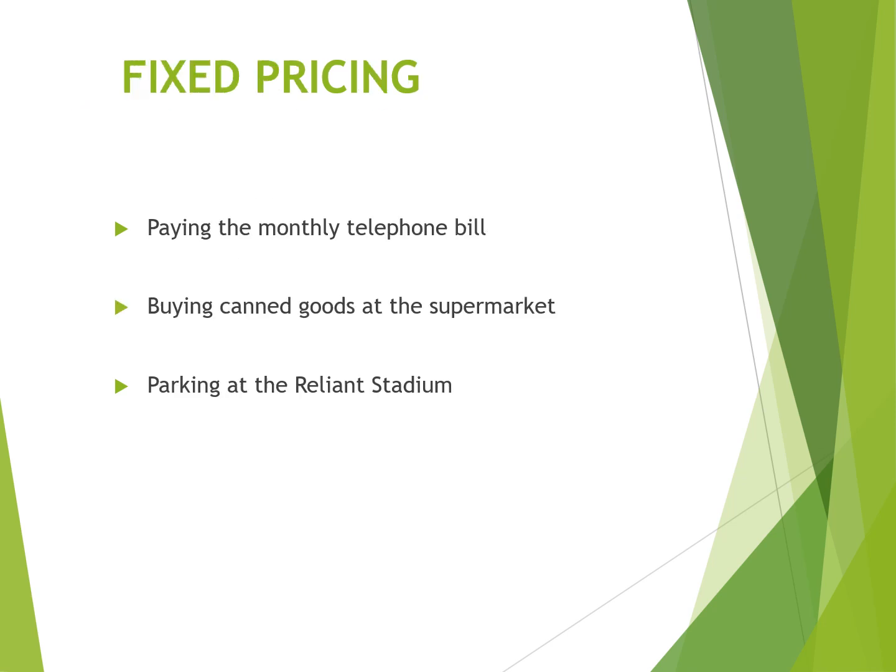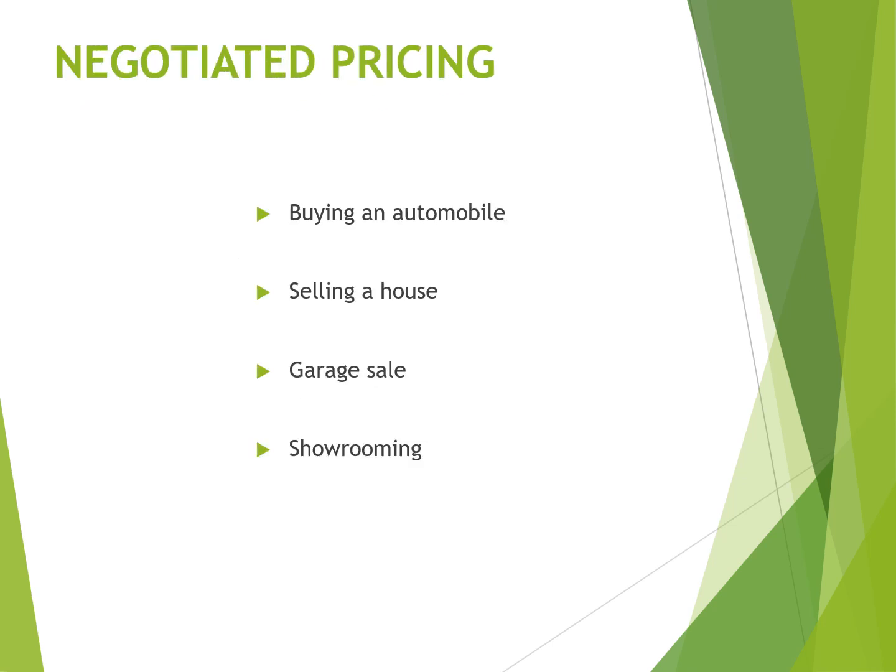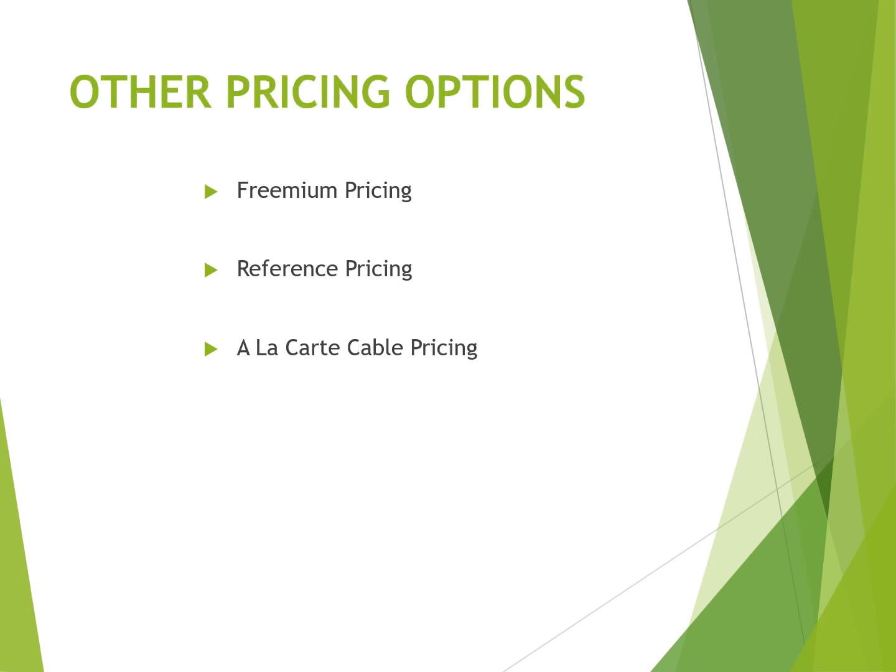That is the important thing. Fixed pricing's best example is the monthly bill, right? Electricity bill or gas bill, something like that. Because once there's a fixed value, we automatically buy it. For negotiated pricing, we can say buying an automobile, then house sales. Those things come under negotiated pricing.